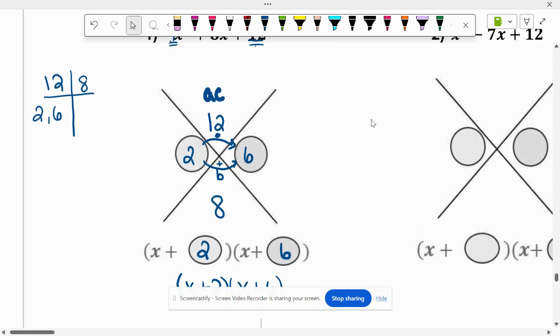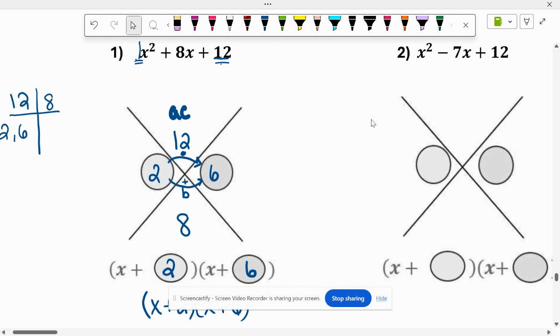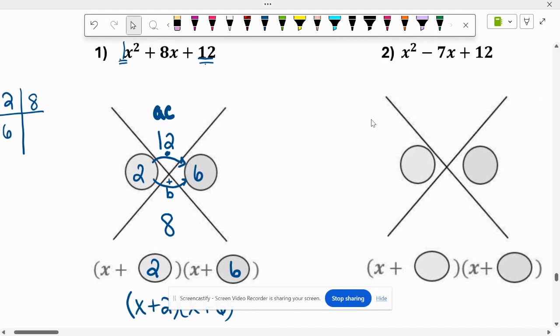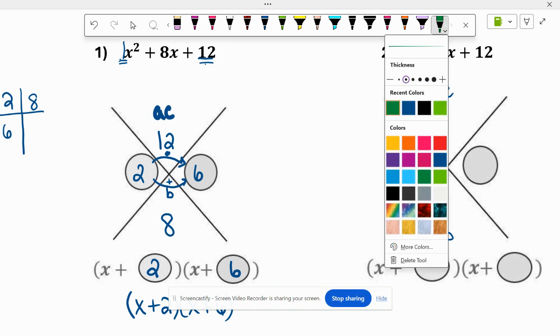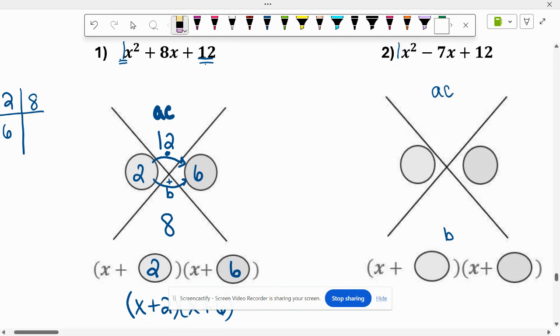So let's look at our next one. Remember, the top is going to be A times C. The bottom is going to be B. So what is A times C? 12. A times C is 12. And what is my sum going to be?